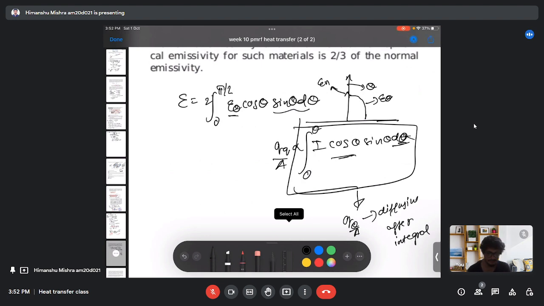So this is exactly the same thing we are doing. E theta is our directional dependent emissivity, and we need to find the total diffusive emissivity here, which is given by the same expression. We need to integrate this expression from pi/2 to 0 to get the diffusive emissivity.